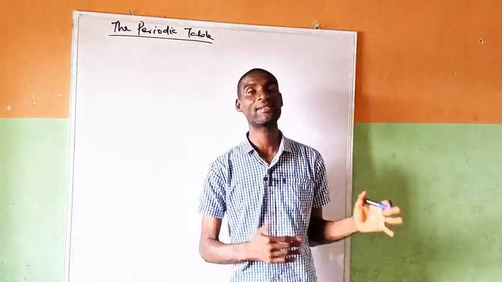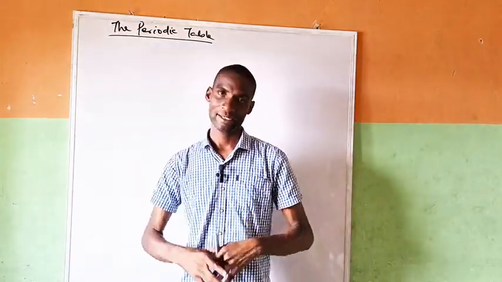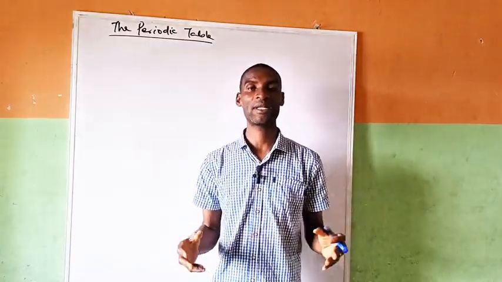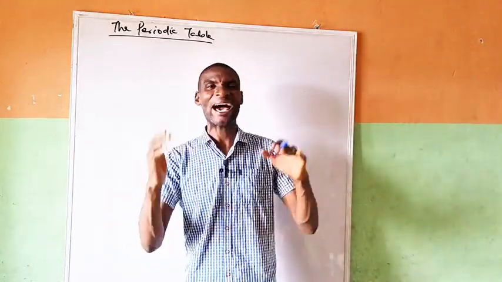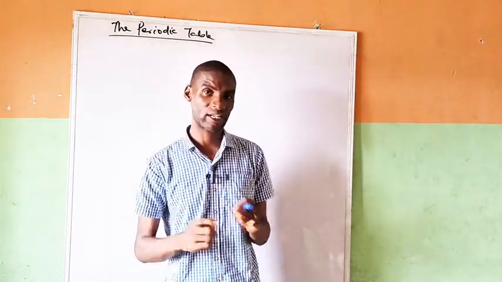In 1913, that was when Moseley's periodic table became adopted, and Moseley gave his own theory that elements are arranged on the periodic table in order of their atomic number, and that constituted the periodic law.